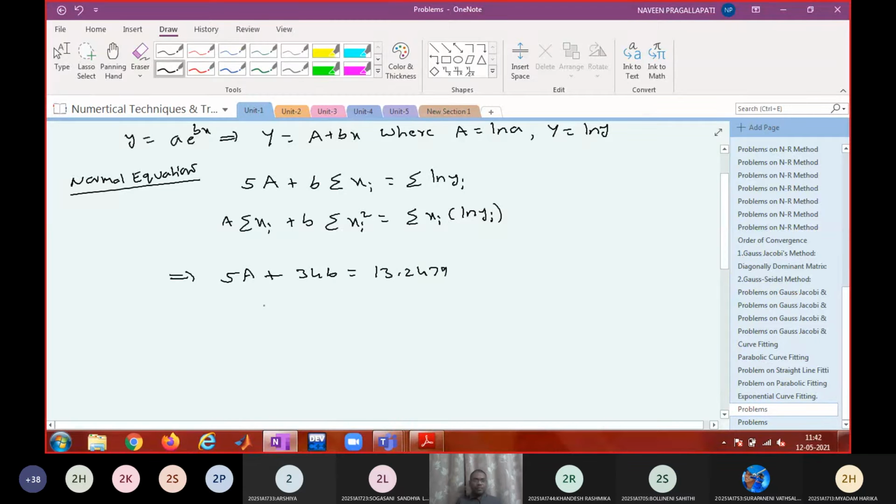So 34A plus 300b is equal to sigma xi into ln yi: 94.1422, sir.